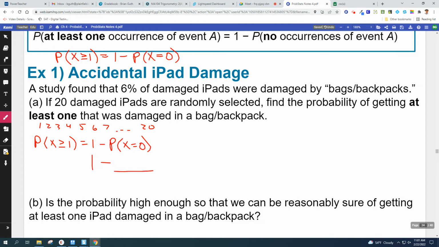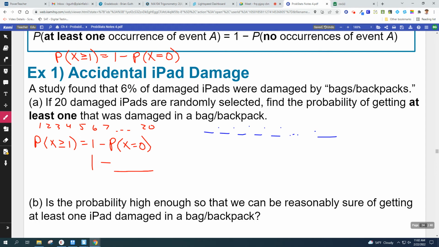So if you think about that, if none of the 20 iPads are damaged, let's think about one at a time. We can think about that as a blanks problem, I guess. There would be one blank for each of the 20 iPads, okay?